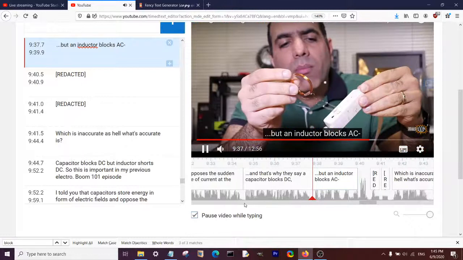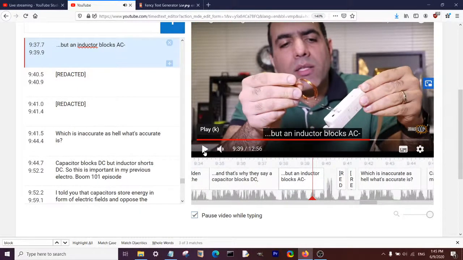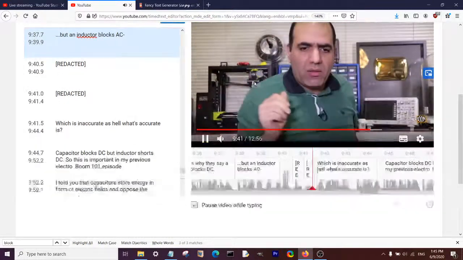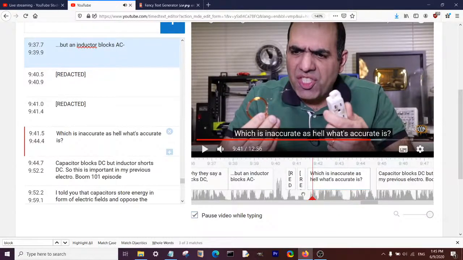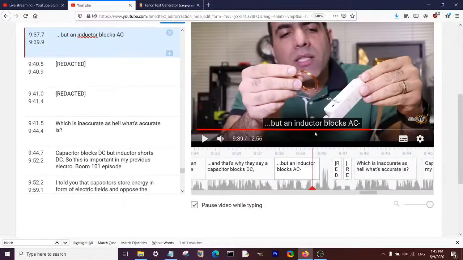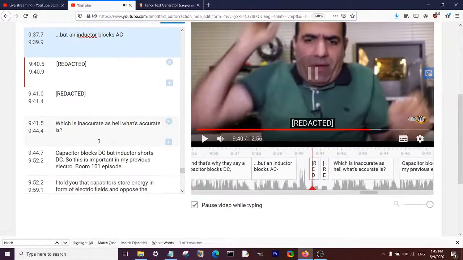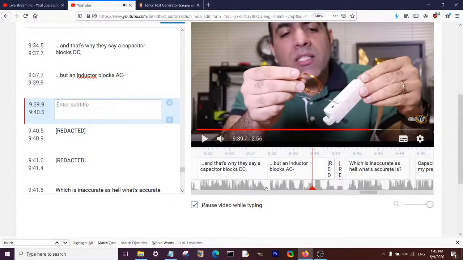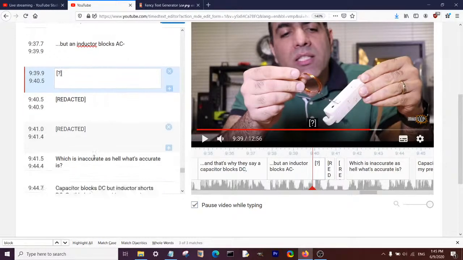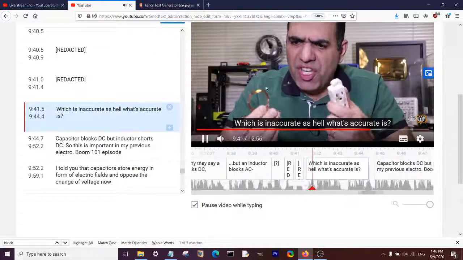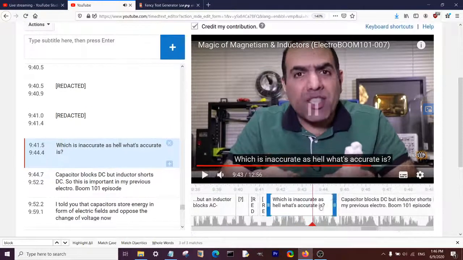But an inductor blocks AC, which is inaccurate as hell.